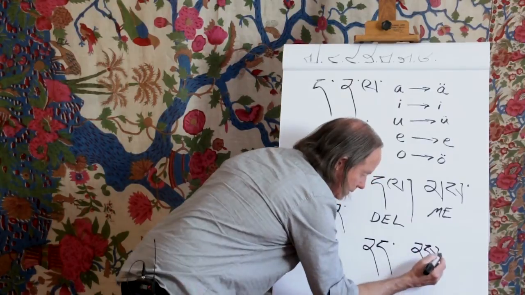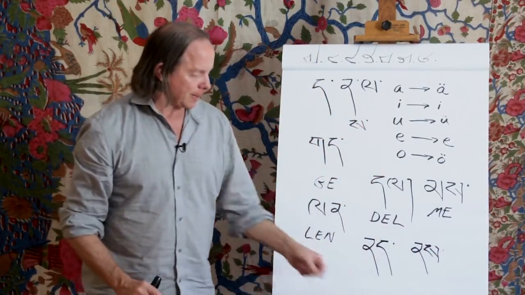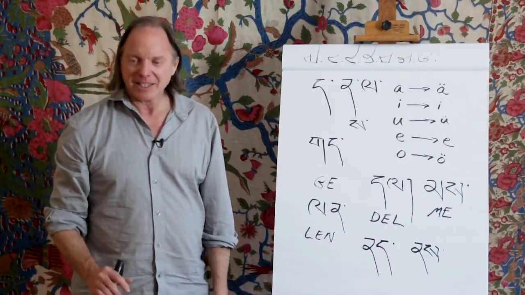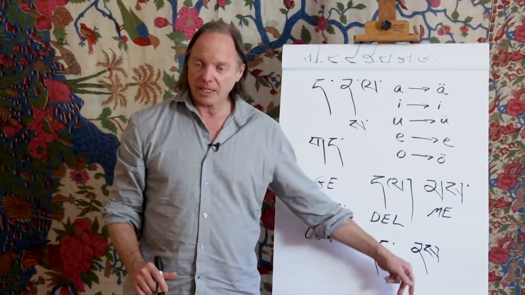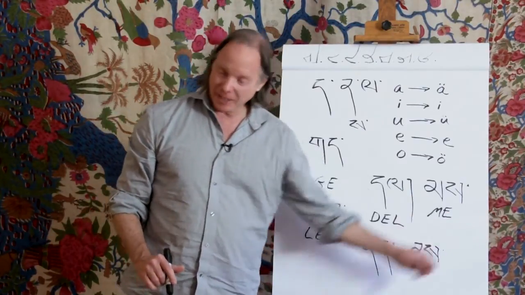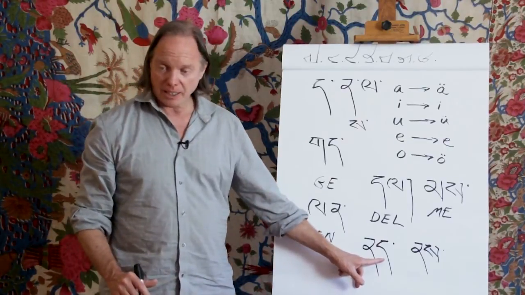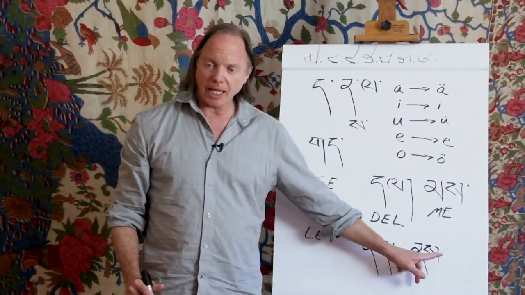Let's compare them. Okay. Say na, ta, ne. Sorry, ne, ne, and then say na, sa, ne. Okay, ne. Good. Okay. Please say again. Na, ta, ne, na, sa, ne.